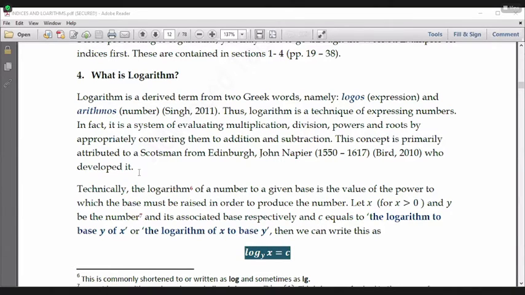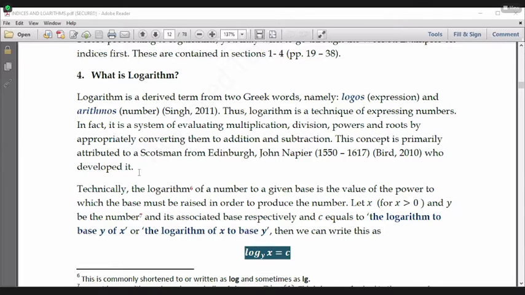So we can say that logarithm to base 10 of 100 is 2. What does it mean? When I raise 10 to power 2, I get 100. Therefore, that index, that exponent, is what we are calling the logarithm. Similarly, logarithm to base 10 of 1,000 is equal to 3.